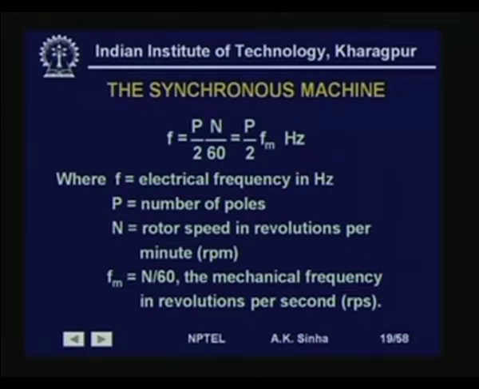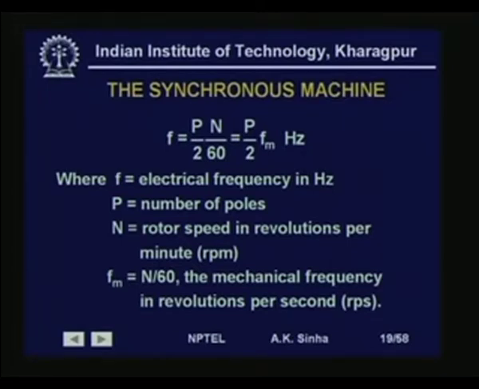This we can write also as p by 2 into Fm, where Fm is the mechanical frequency. That is, you can see it in terms of number of rotations per second.